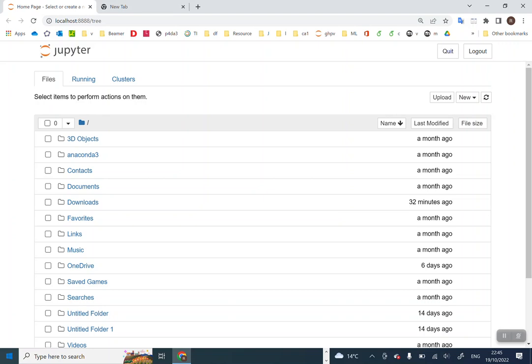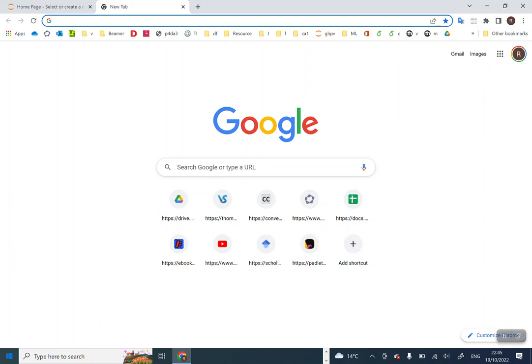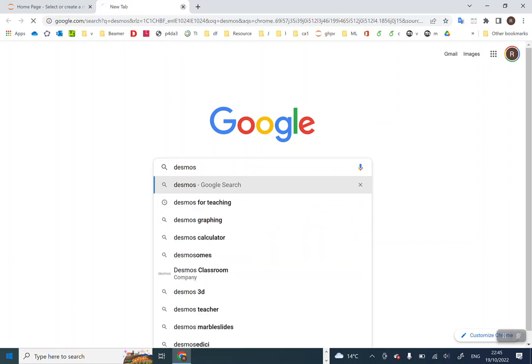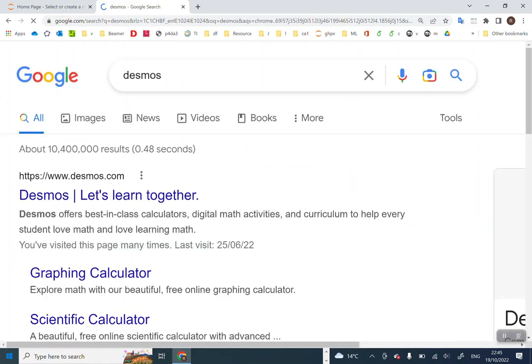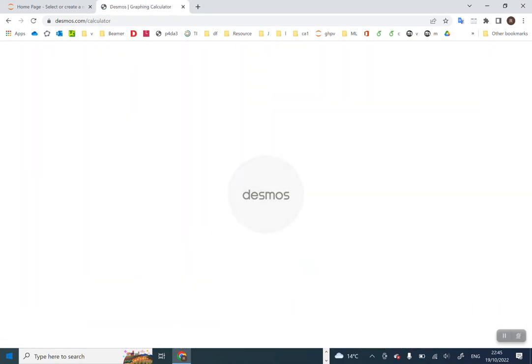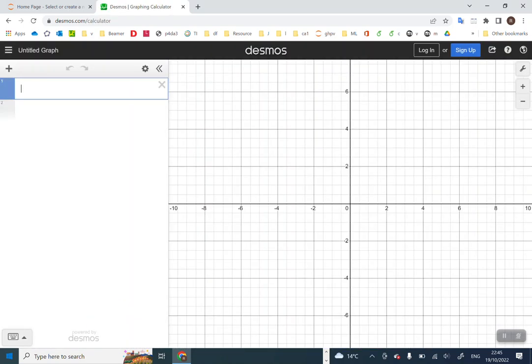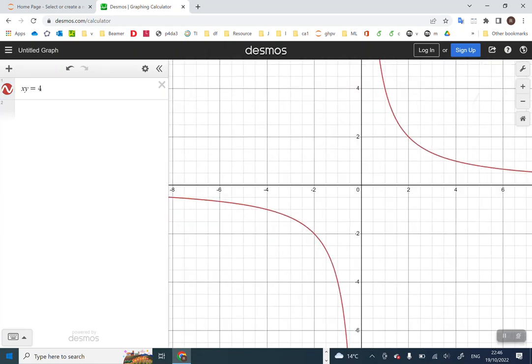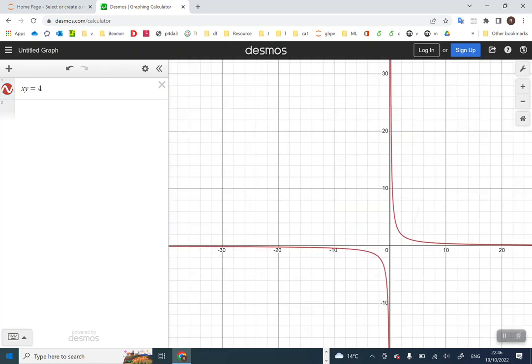Anyway, let's just look at Desmos. Desmos is a nice visual calculator to look at a graph very quickly. And I think we had xy equals 4. Okay, so that's what that looks like. It's scale free, meaning it doesn't matter what scale you look at it, it always looks the same.